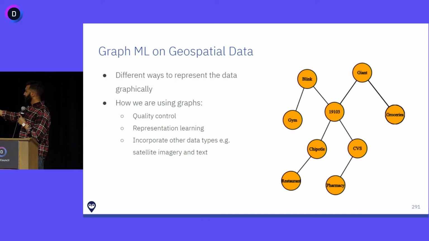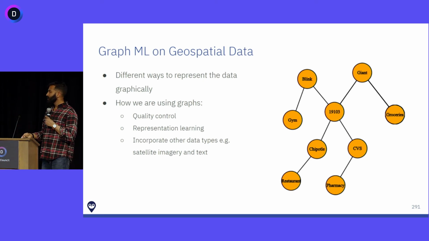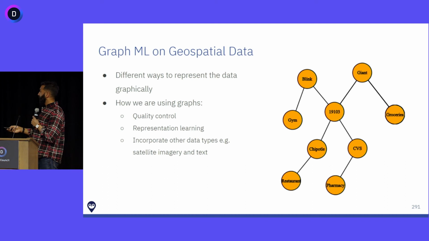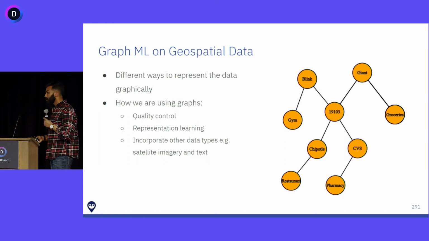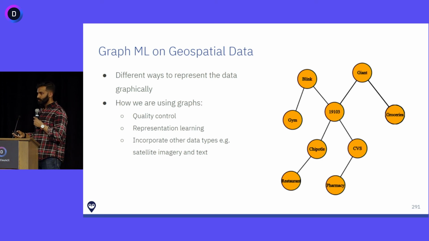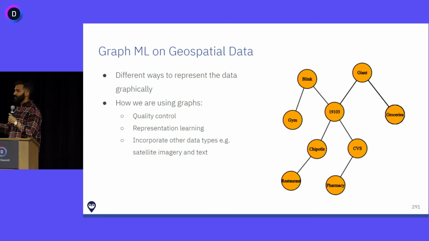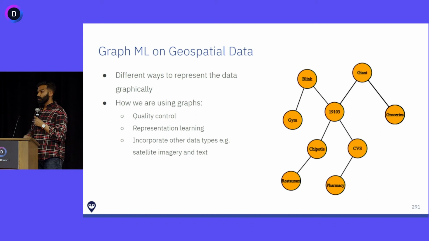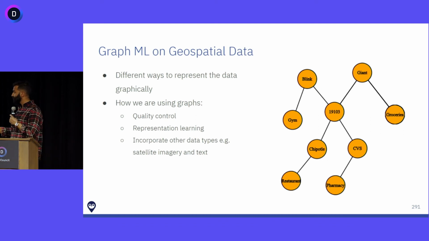In the middle, the node here, 19103, is a zip code in Philadelphia, and the nodes with edges to this middle node are the names of points of interest: CVS, Chipotle, etc. And then each of these names of points of interest has another node with an edge to it, which is the POI type: restaurant, pharmacy, grocery store. So this is one way of representing that tabular data and the relationships between different entities.